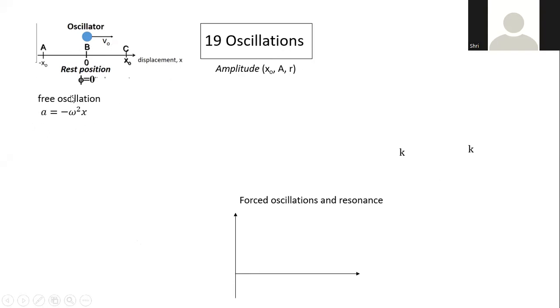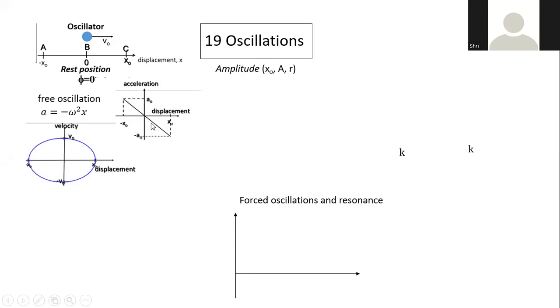You must know that. What does the negative sign stand for? And how to draw the graph. Negative slope, the gradient equals to that. Then the velocity displacement graph is an ellipse. And to derive that, you must replace your acceleration with that, and then you can derive that equation.